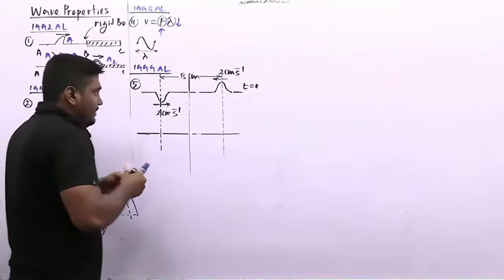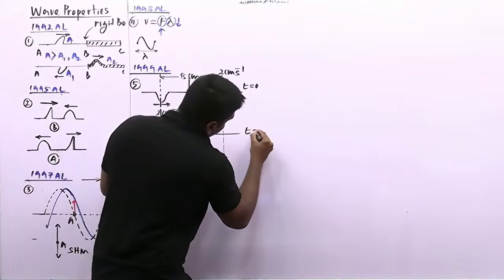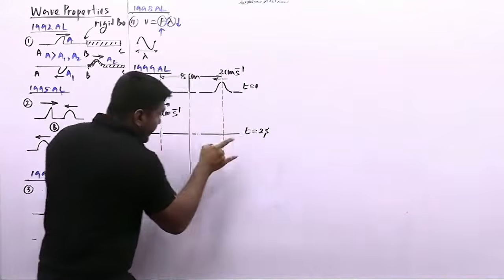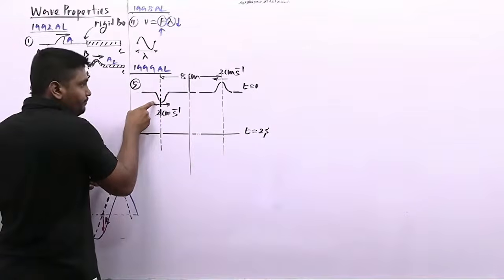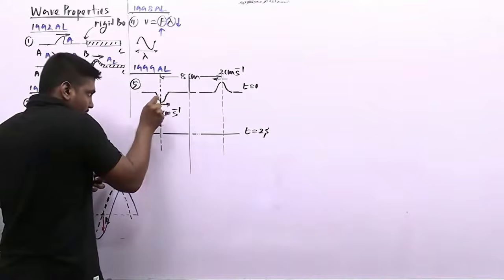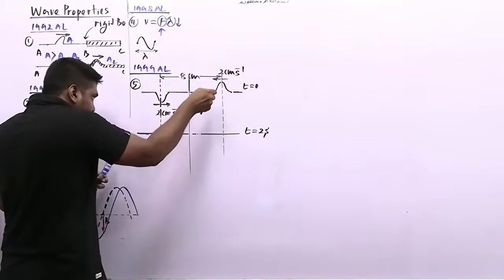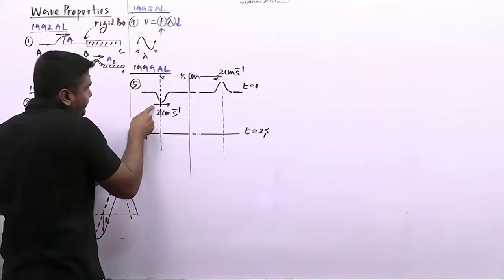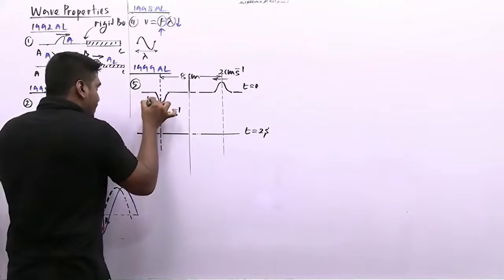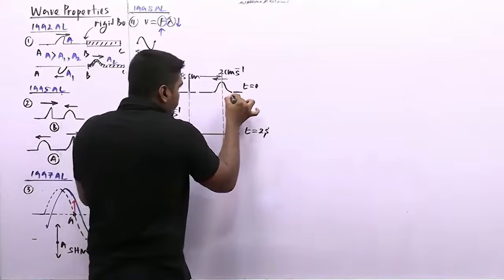When the time is 2 seconds, where will this pulse be? We know the speed of the pulse, and if I know the speed and the time taken is 2 seconds, we can find the distance traveled by this pulse. I call this pulse number 1 and this pulse number 2.